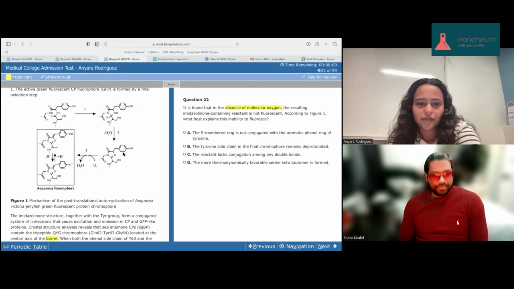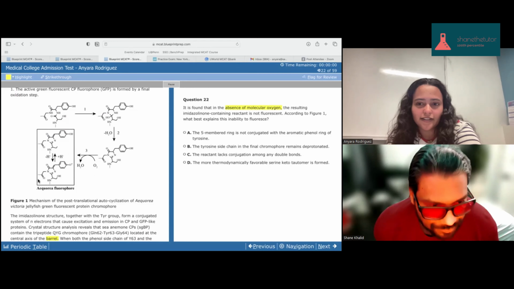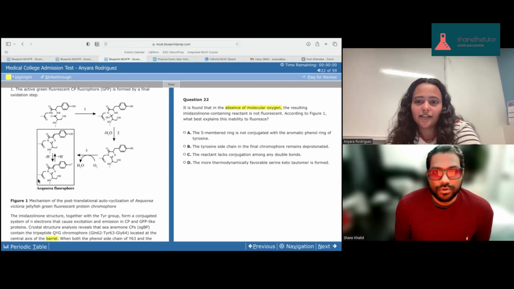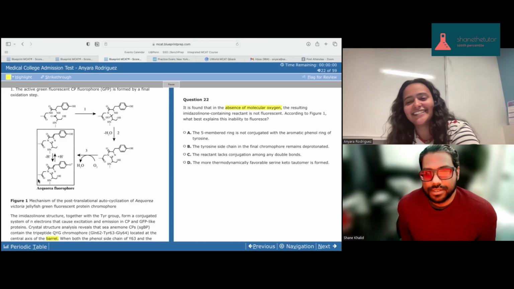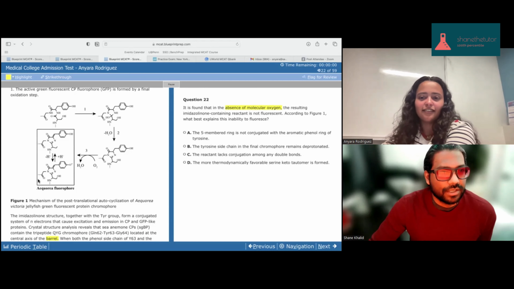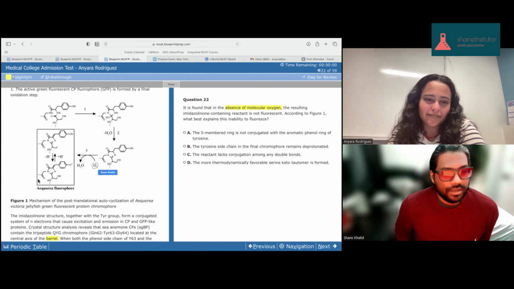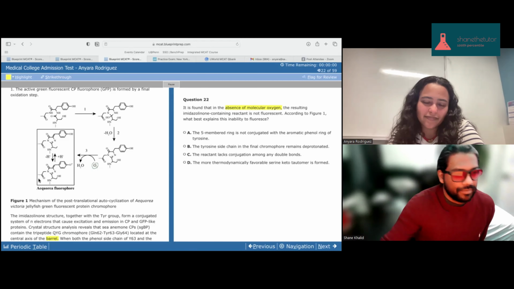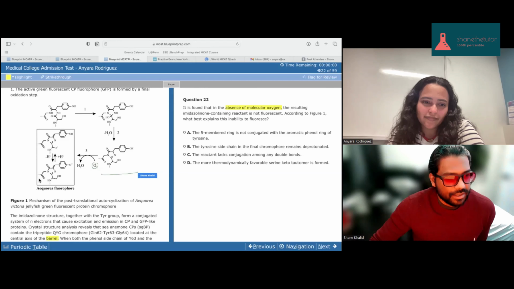How do I get from here to here? Oxygen is being reduced, so this must be oxidized. I see. So if we have molecular oxygen, what changes from this to this?